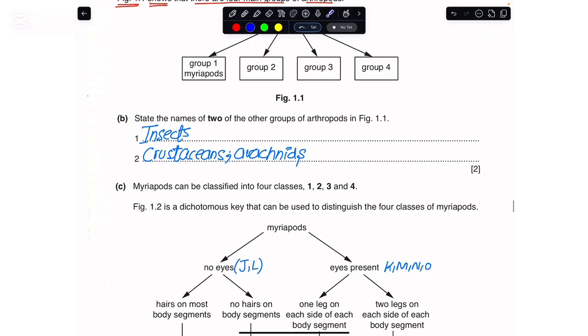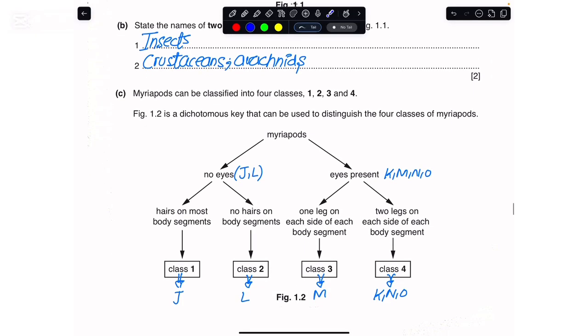And then here you see, they say that the myriapods can be classified into four classes. There is class 1, class 2, class 3, and class 4. As I have written above, they say that they have given you this figure 1.2, which is a dichotomous key, and you have to use this dichotomous key to distinguish the four classes of myriapods.